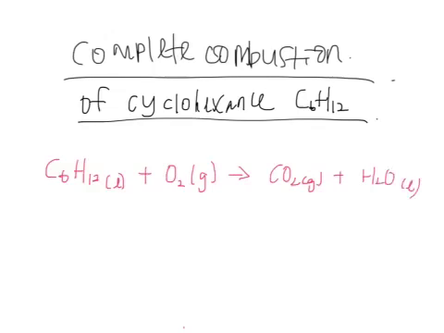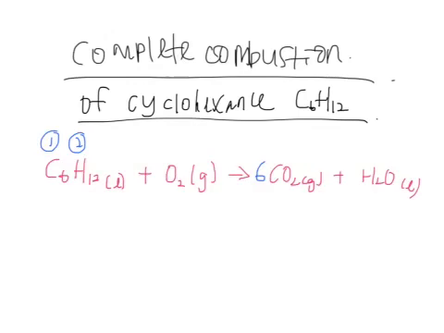Now, balancing time. There are orders to follow when you balance. Remember, the very first thing that we balance is always carbon. There are 6 carbons here, therefore I'm going to write a 6 in front. As simple as that. After you have balanced your C, the second thing to balance would be your H. On your left, there are 12 hydrogens.